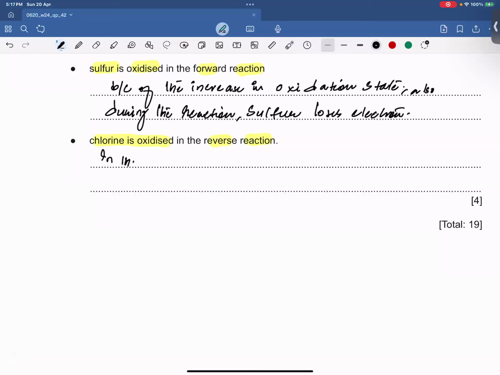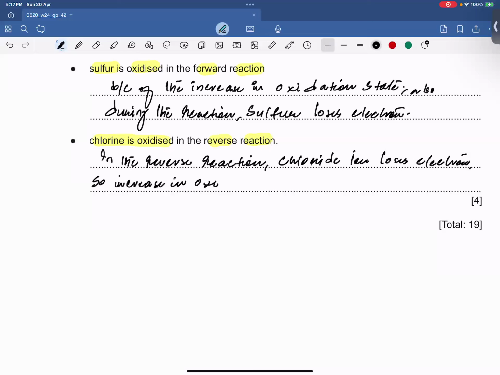So in the reverse reaction, chloride ion loses electron, so the oxidation state increases from -1 to 0.